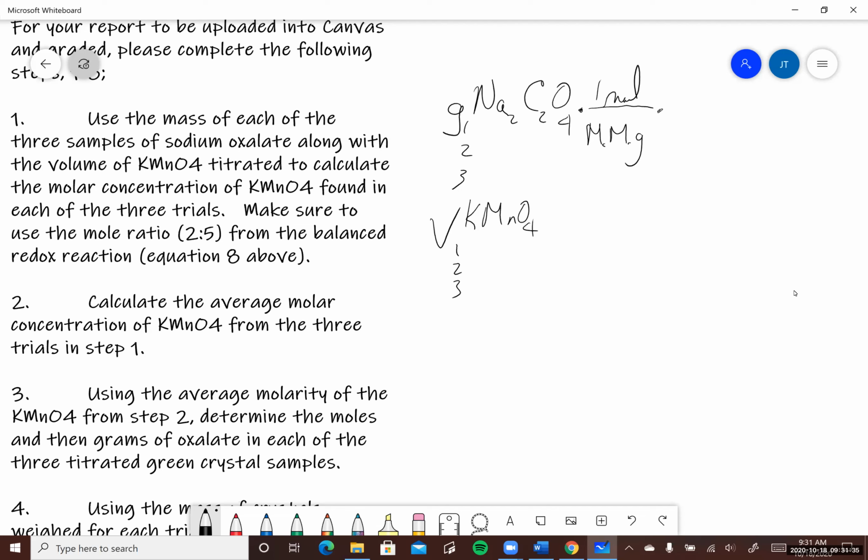So I'm going to do this for each titration. And I have the moles of this sodium oxalate, and I know that reacts in a 5:2 ratio with the potassium permanganate.